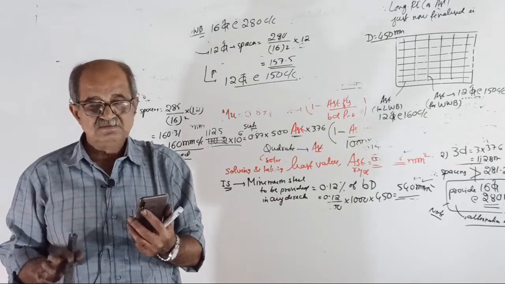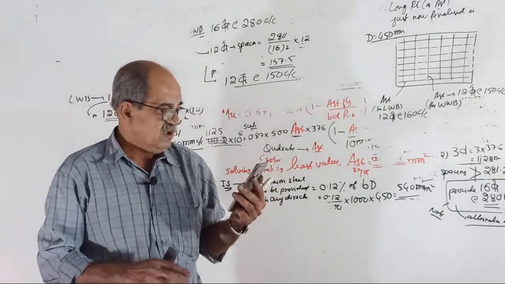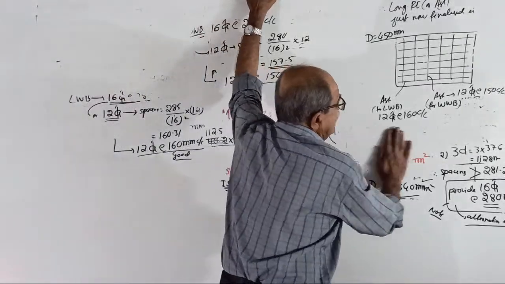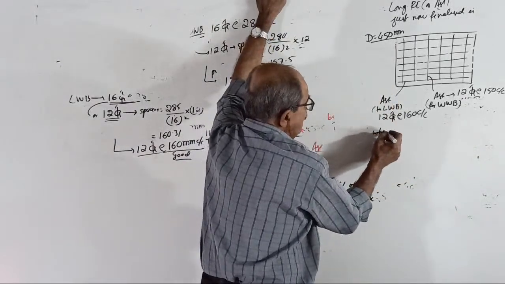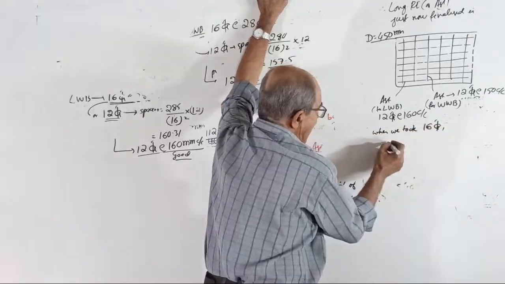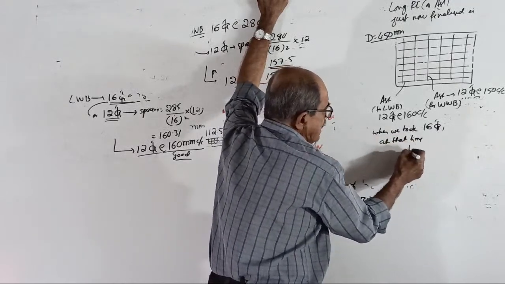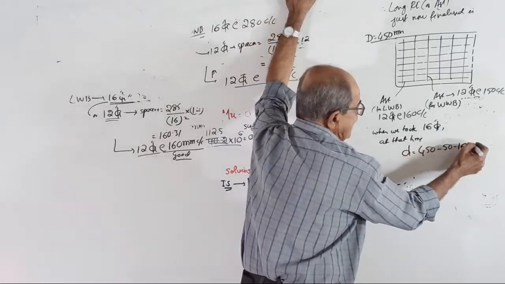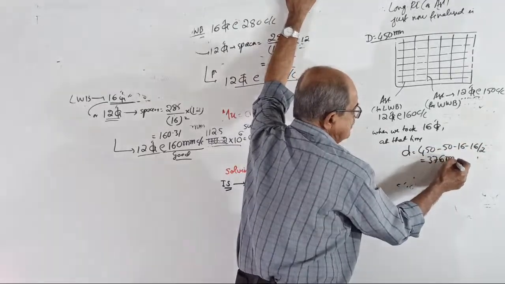Clear or not? Tell me, is it clear? Our final verdict now. Now, the most important, you can make a note. When we took 16 tor, at that time our D was 450 minus 50 minus 16 minus 16 by 2, equal to 376 millimeter.